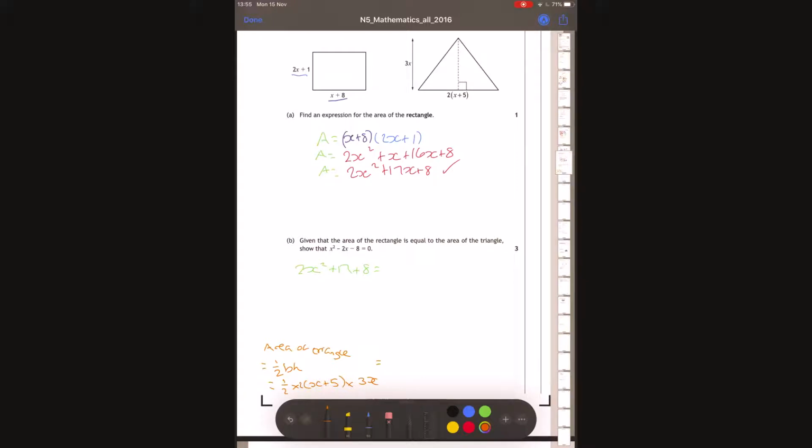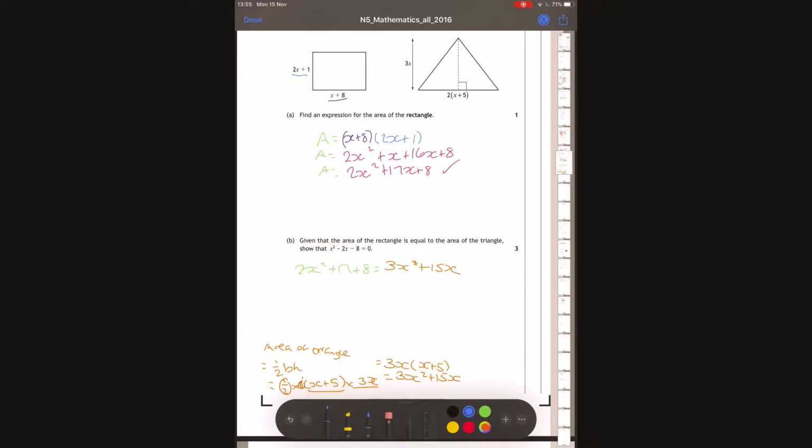So I'm going to do a half times 2, we're doing x plus 5, which is equal to 3x squared plus 15x. So the way I did that, guys, is a half times 2 is 1. So we just put a 1 here. So that leaves us with x plus 5 times 3x. Rewritten more normally like that, and then solved. So 3x squared plus 15x.